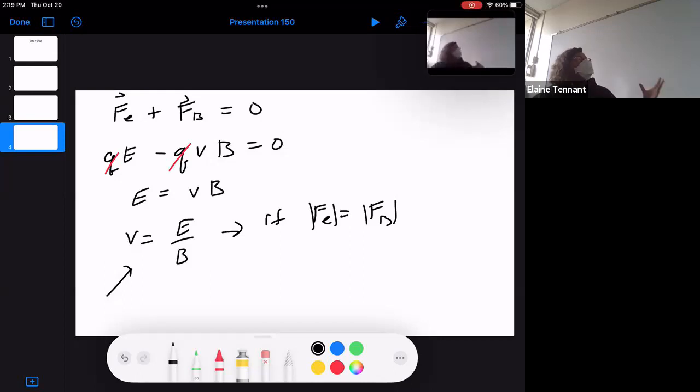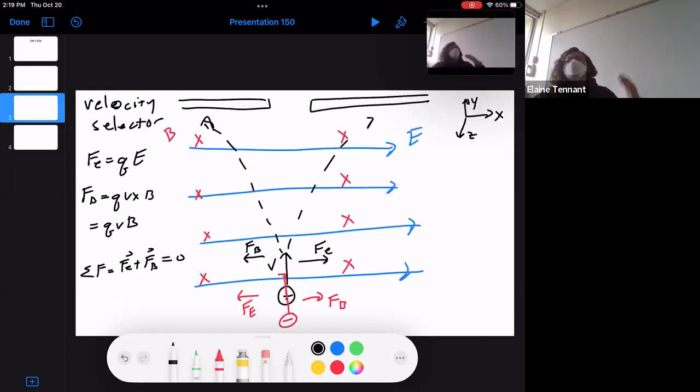So what you do is you set your electric and magnetic field such that you get the velocity that you want. Because if you're going too fast, your magnetic force will be larger, because your magnetic force depends on how fast you're going, and that takes you along that path.